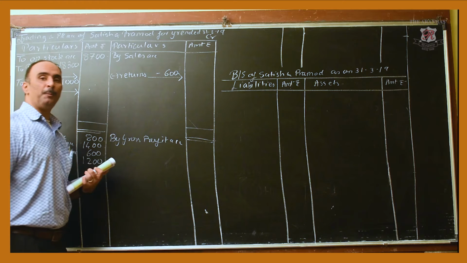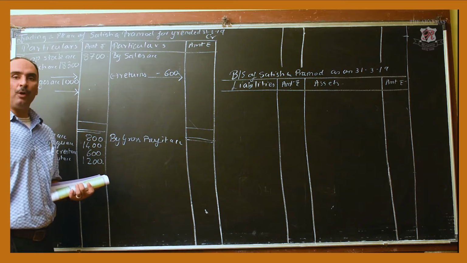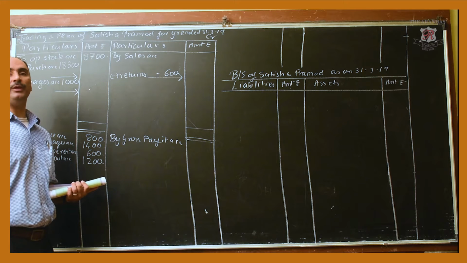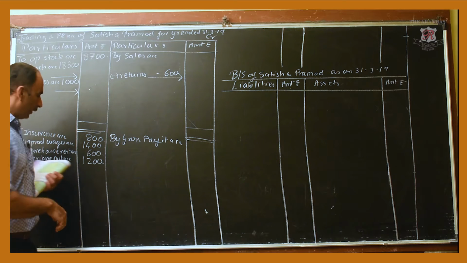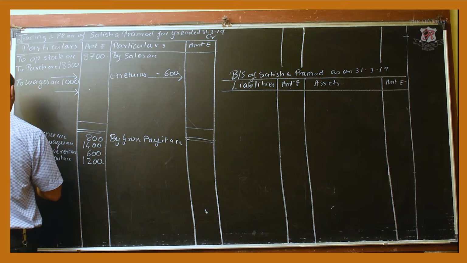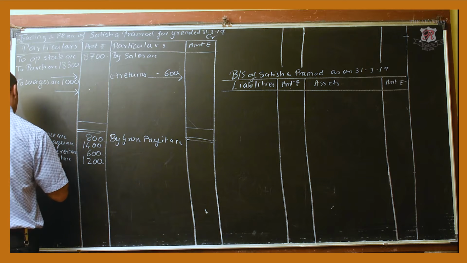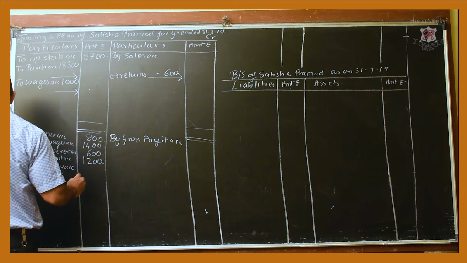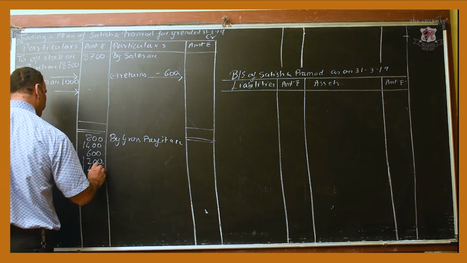Then is export duty. Export duty I generally pay on my finished goods. Customs duty I pay on my imports. So export duty I will record it here on the debit side of P&L account. So export duty 1,400.